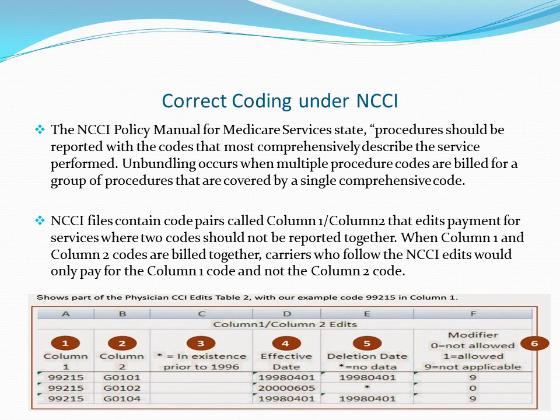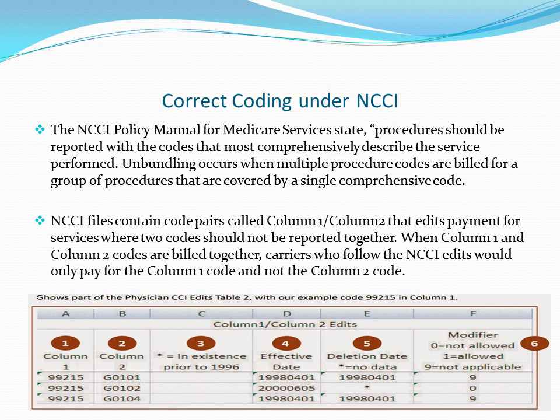The NCCI Policy Manual for Medicare states procedures should be reported with the code that most comprehensively describes the service performed. Unbundling occurs when multiple procedure codes are billed for a group of procedures that are covered by a single comprehensive code.